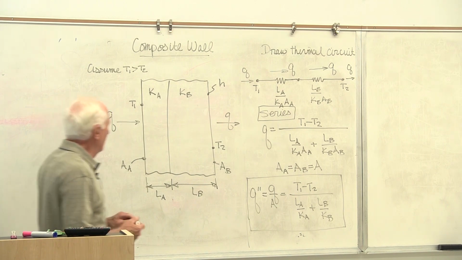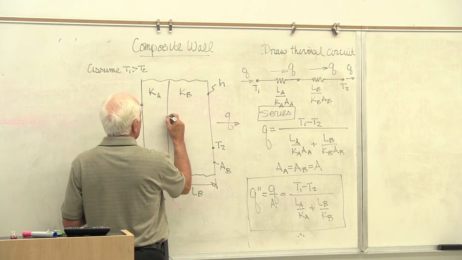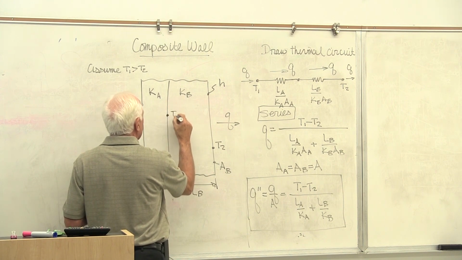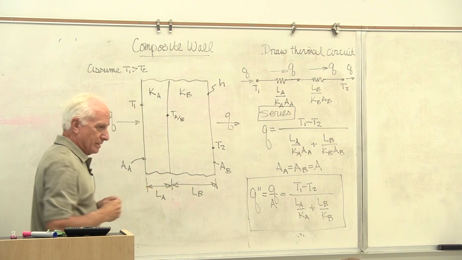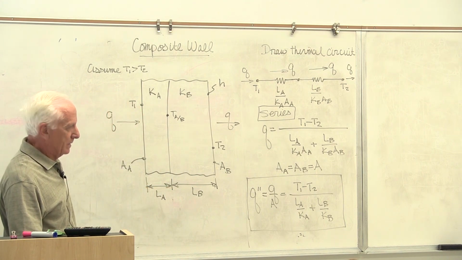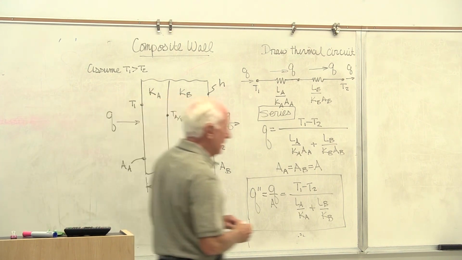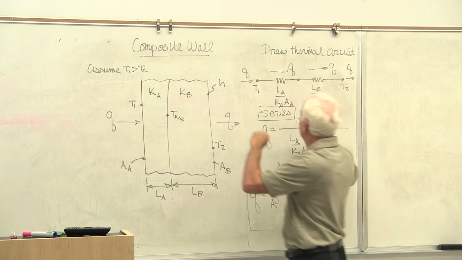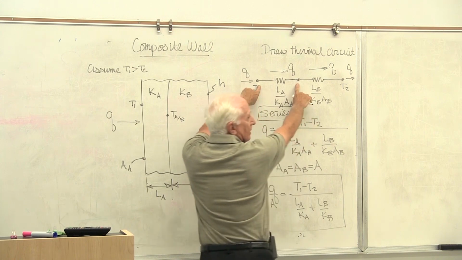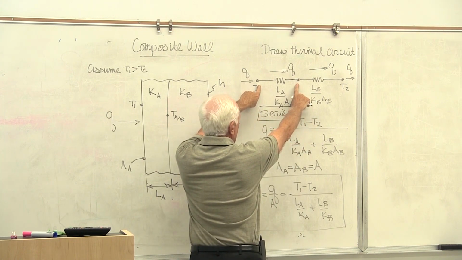Now, let's say somebody asks you, you know what? I want to know what the temperature is there, TA/B. Okay, I'll take these two points right here, my two fingertips.